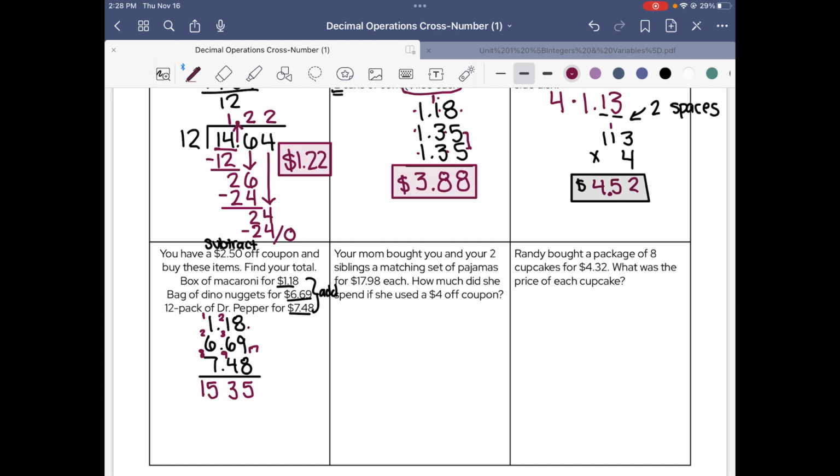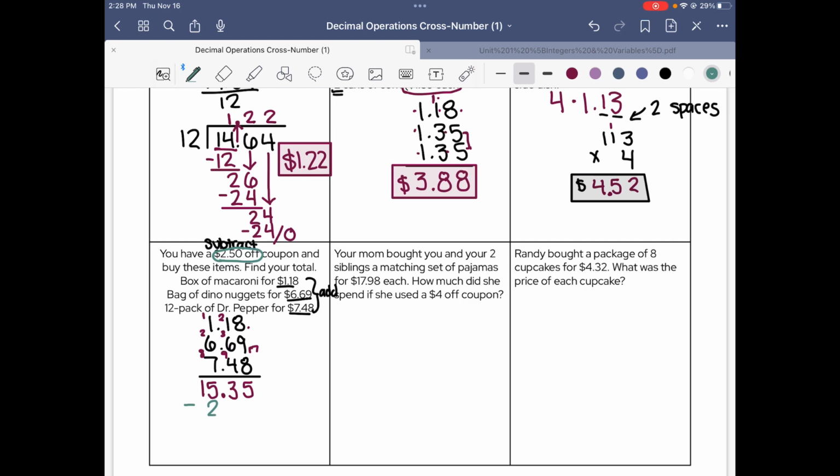And the decimal drops straight down in between the 5 and the 3. So, right now we would be paying $15.35. But don't forget, we had this $2.50 off.